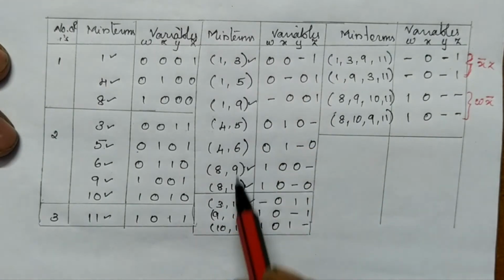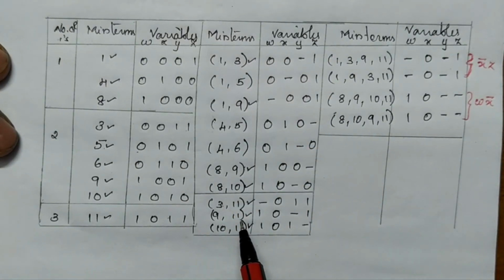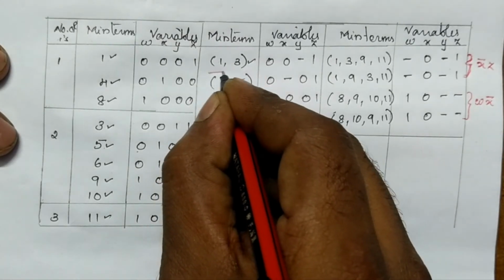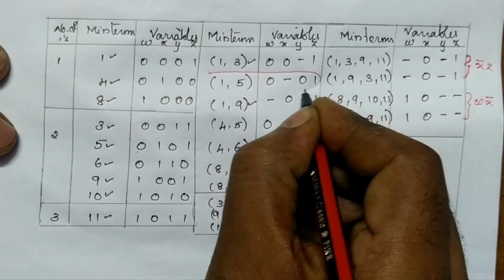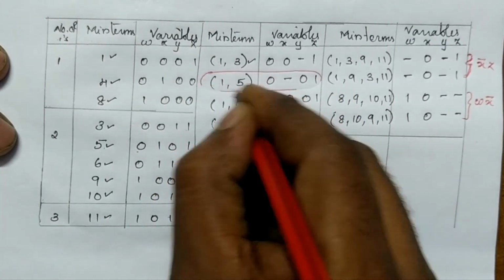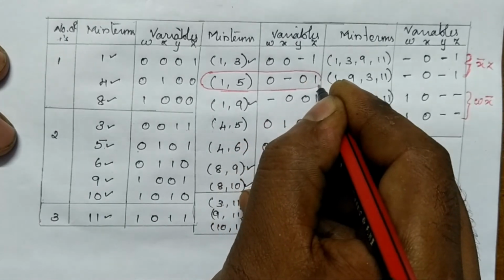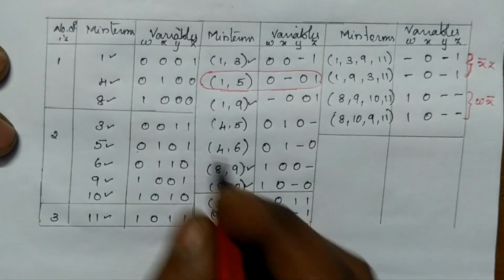Likewise here we need to go for checking the prime implicants. The terms which are not ticked are considered as the prime implicants, so they should be included in the prime implicant chart. So here 1 comma 5 is not ticked.